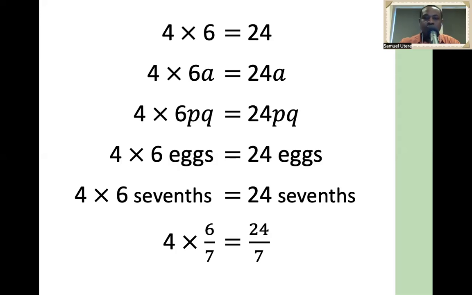So thinking about this, because we say it's 24/7, we could have written this as 24 times 1/7. That's what it means. This is 24 sevenths. So I want you to pay attention to that because it will become really useful as we move along.